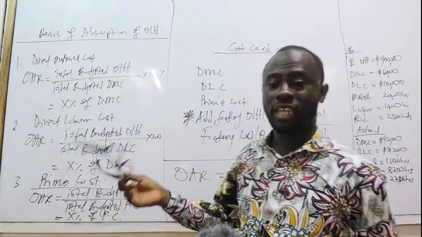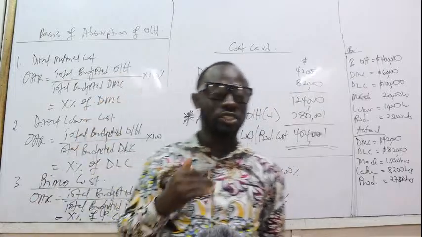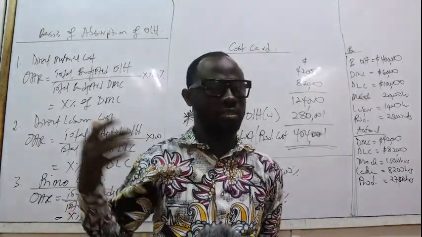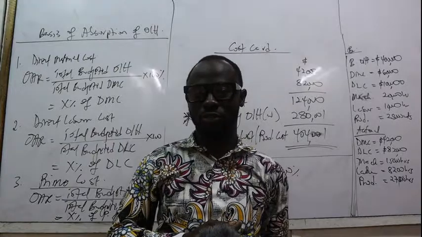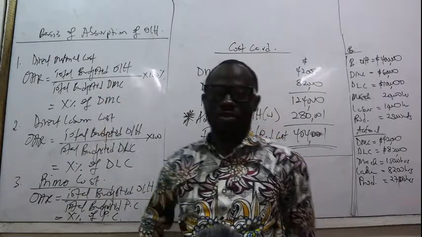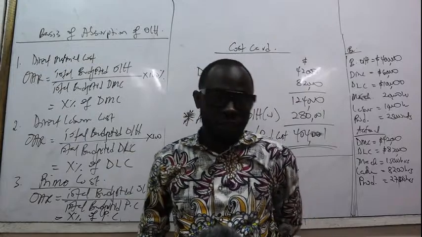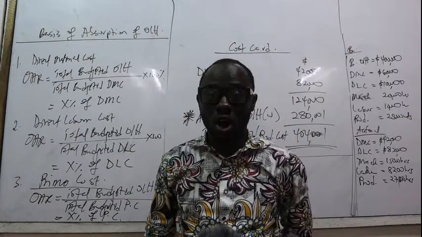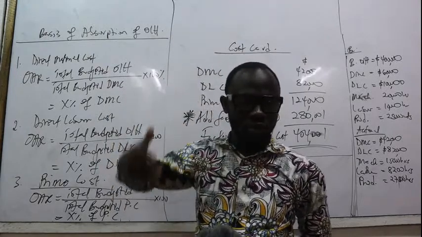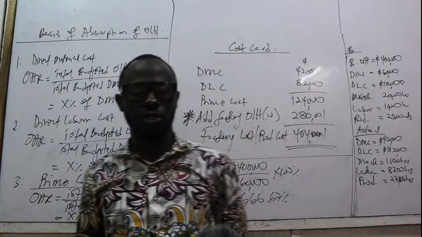If the organization is undertaking something and looking at how it can absorb the overheads, then certainly that's how the overheads will be absorbed. So it is practically used. The overhead absorption rate will usually apply to the various departments or production locations of the organization, and it will be used to find out how overheads can be absorbed.